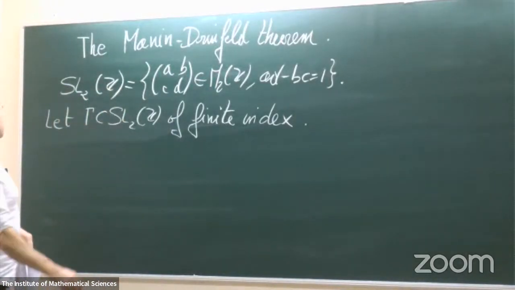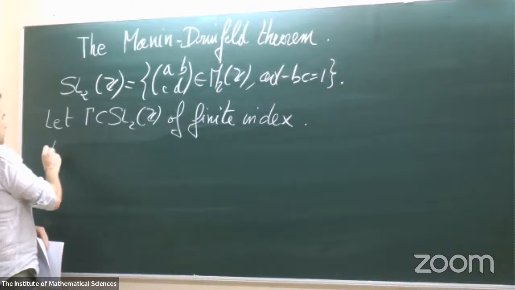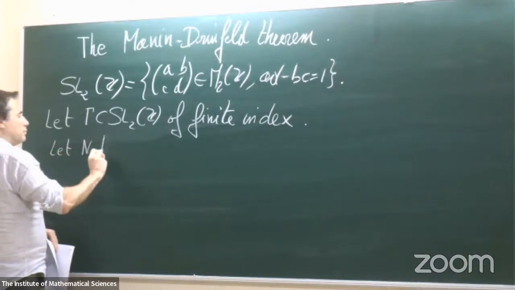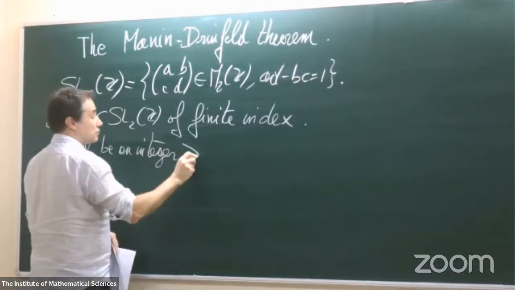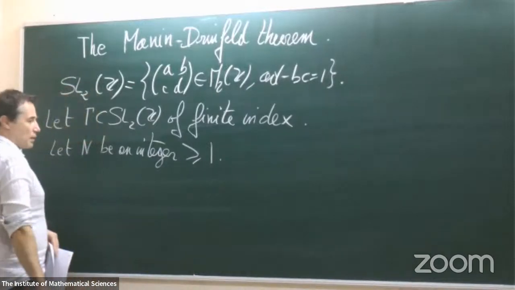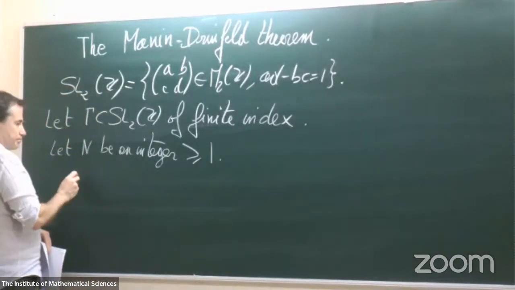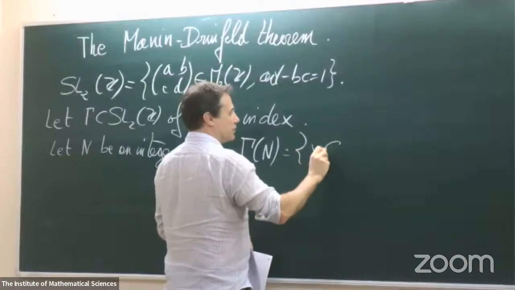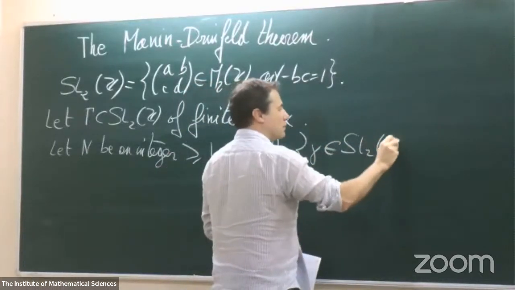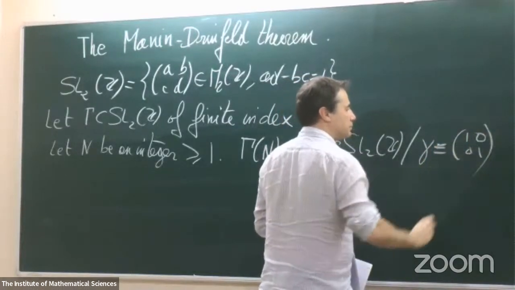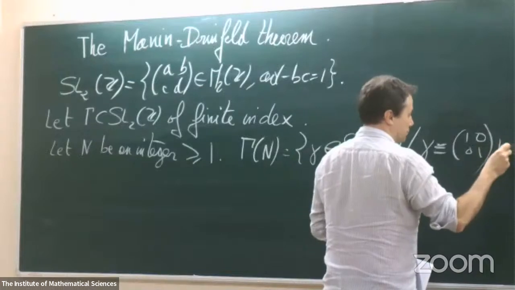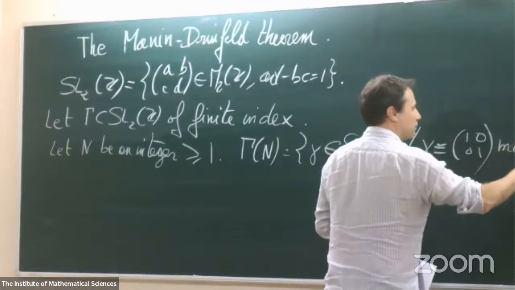Among those groups of finite index, you have the congruence subgroups. So let n be an integer other than 1. You have the subgroup gamma of n, the set of elements in SL2 of Z which are congruent to 1 mod n.